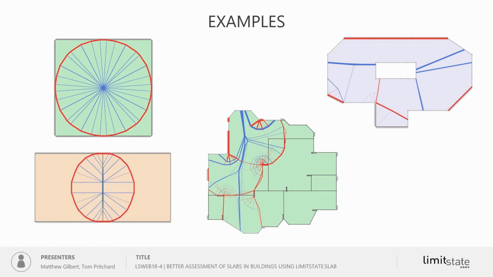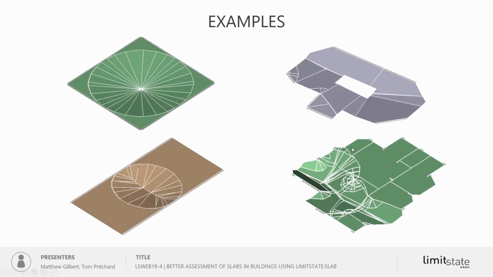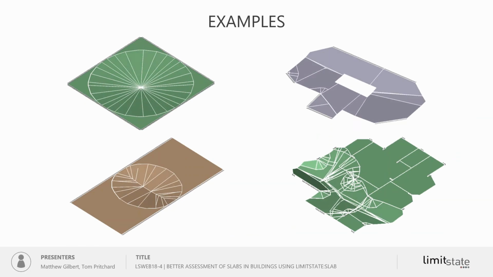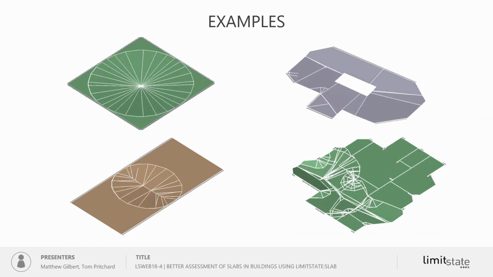So we've got a slab with a hole, and we've got one of the building floor plate slabs that we'll consider later on in the webinar. So the key thing is to move from these sort of textbook type examples on the left to be able to solve the more complex practical slab configurations that you see on the right, and that's what LimitState SLAB is designed to do.